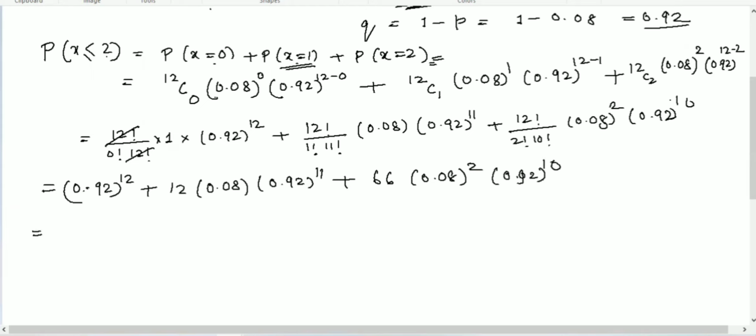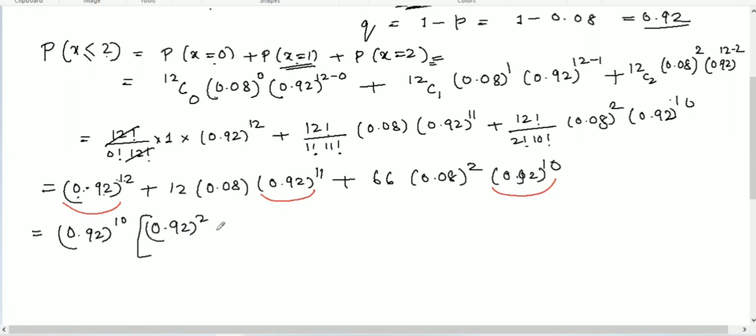Now look here: 0.92 to the power 12, 0.92 to the power 11, 0.92 to the power 10. Each and every time we will not calculate it. Let's take 0.92 to the power 10 common and calculate the rest. We took 0.92 to the power 10 out, so what is left is 0.92 to the power 2.